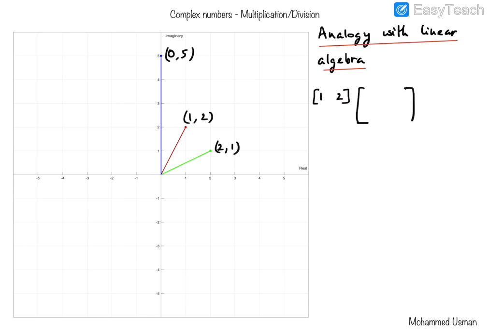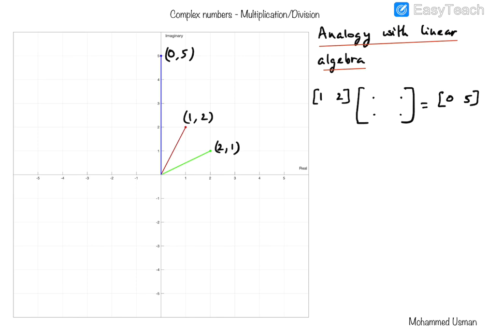If it's multiplied with a 2 by 2 matrix, we don't know what are those four elements here, we need to figure it out, and that would give us the same resulting output vector 0 comma 5, which we have as a result of multiplying 1 plus 2j with 2 plus j in the complex domain, right? In terms of the complex number multiplication.